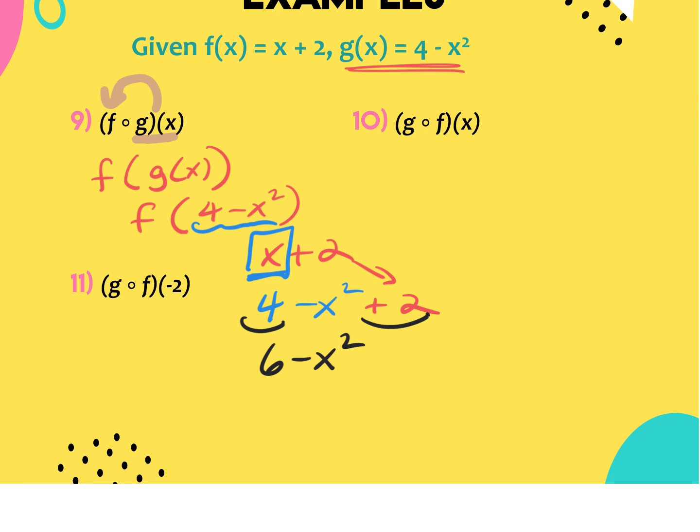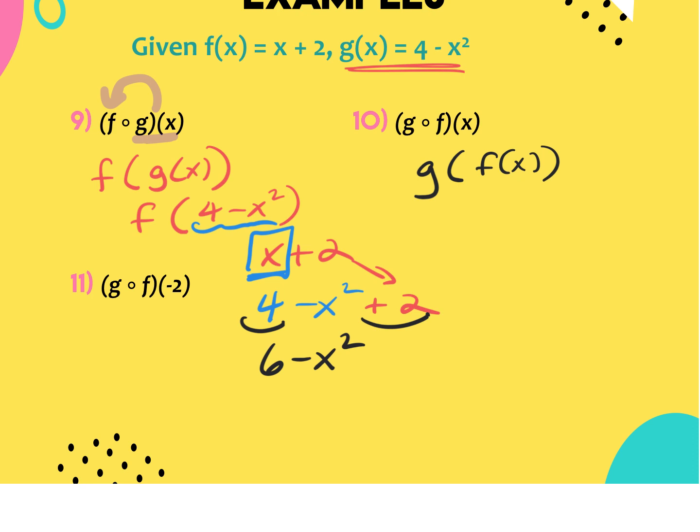Now we're going to do the same thing, but we're going to switch the order. And we're going to plug the f of x function into the g of x function on number 10. So really what I'm doing here is taking my g of x function, and every place that I see x in the g of x function, I'm going to replace it with the entire f of x function.